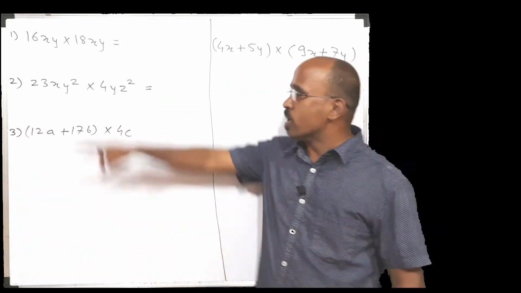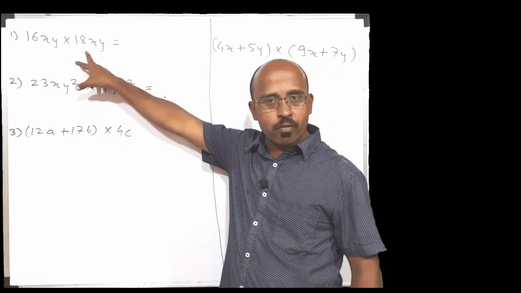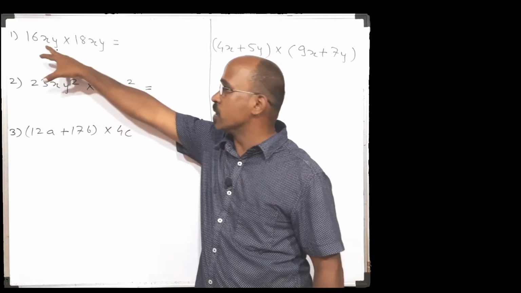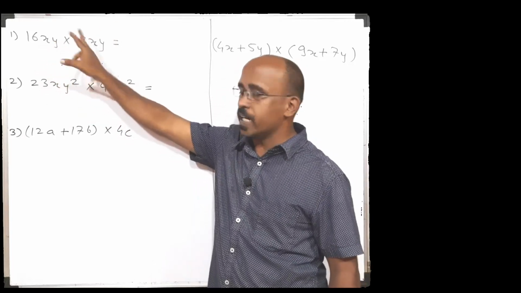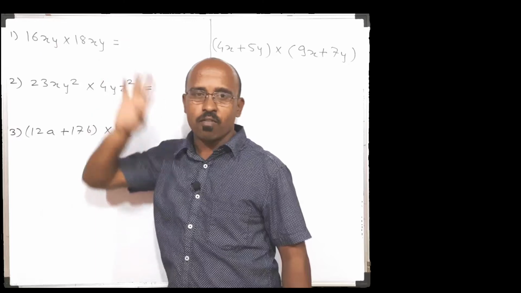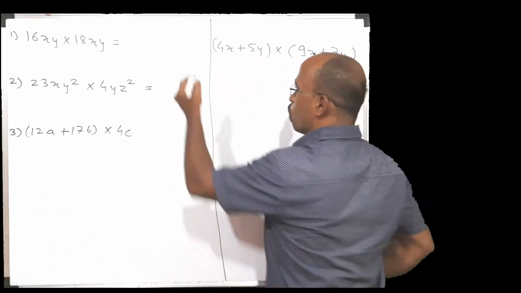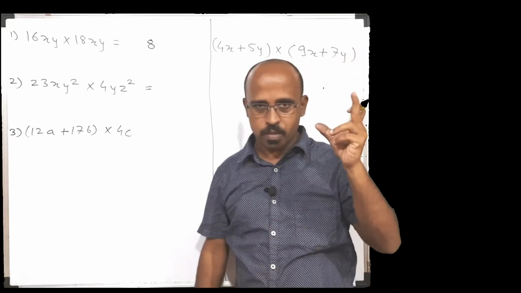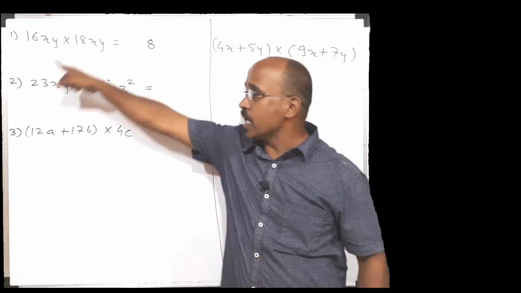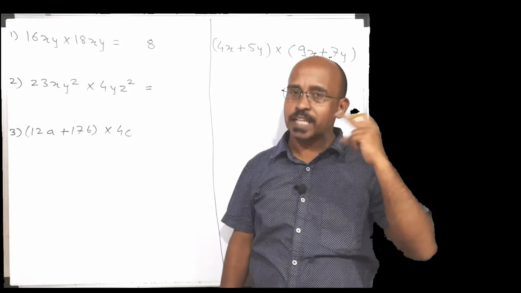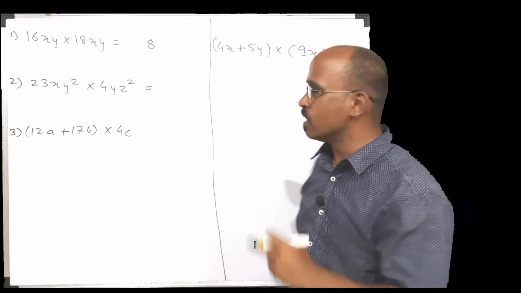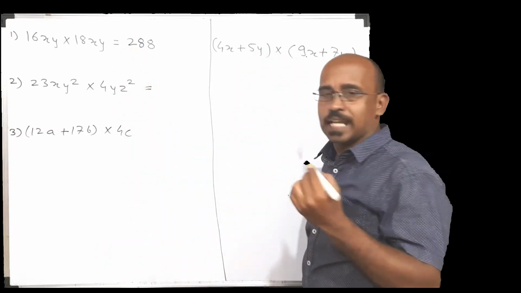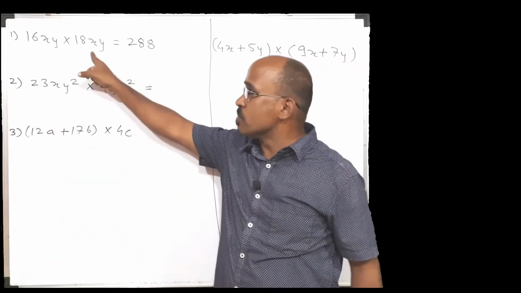Okay, now 16xy into 18xy, what do we have to do? We have to multiply coefficients with coefficients. Means we have to multiply 16 with 18 or 18 with 16. 8 6s are 48, so 8 will be written, 4 is the carry, keep in mind. 18 ones are 18 plus carried 4 is 22, so 288. Then the symbols.